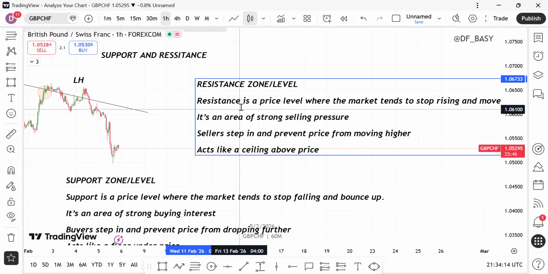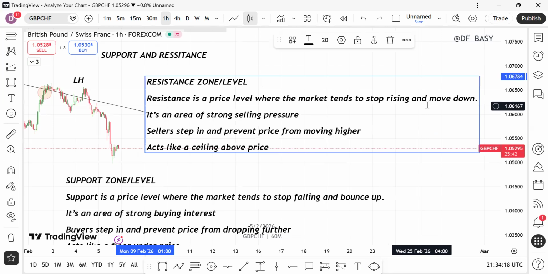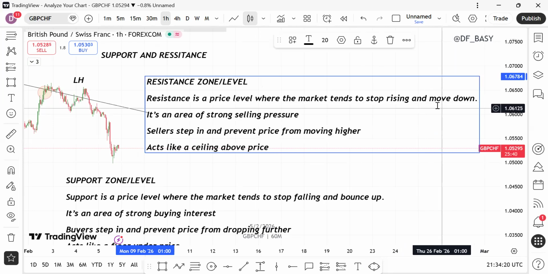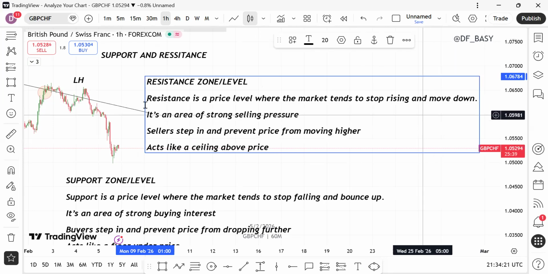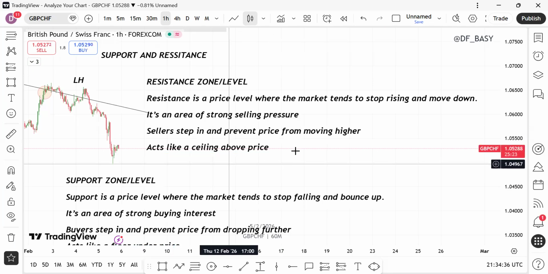The resistance is a price level where the market tends to stop rising and starts moving down. It is an area of strong selling pressure, and sellers step in to prevent the market from moving higher. It acts like a ceiling above price.